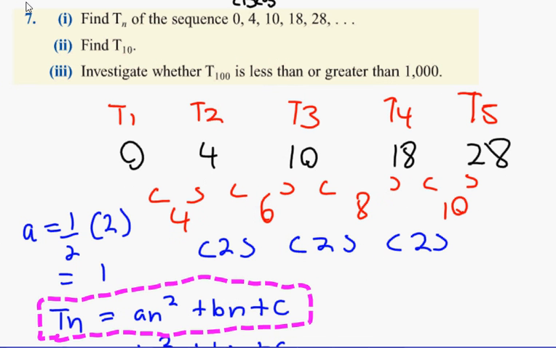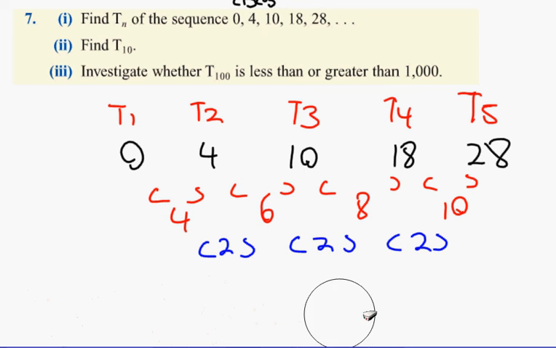It says, find out what T10 is. There's two ways of looking at this. The first way is, if that's T5, the next gap must be 12. So what would T6 be?